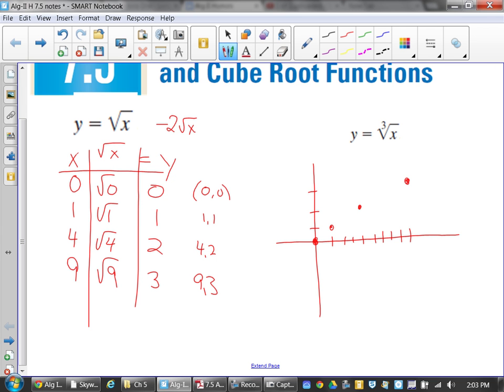And your graph kind of looks like that. It's ever so increasing, like that. Your square root functions are always going to look like that. I'd recommend you do this without calculators. You're not going to get one. Okay? Not so scared? All right.